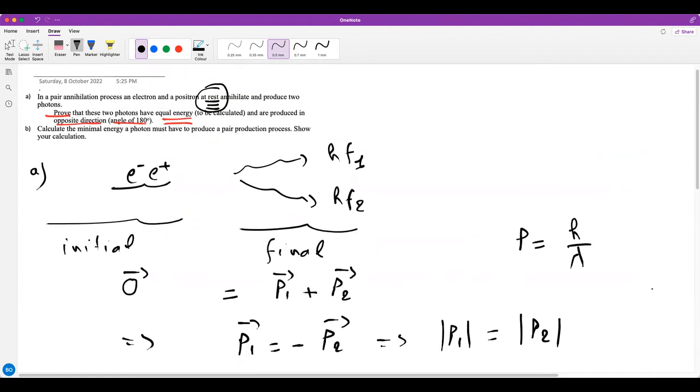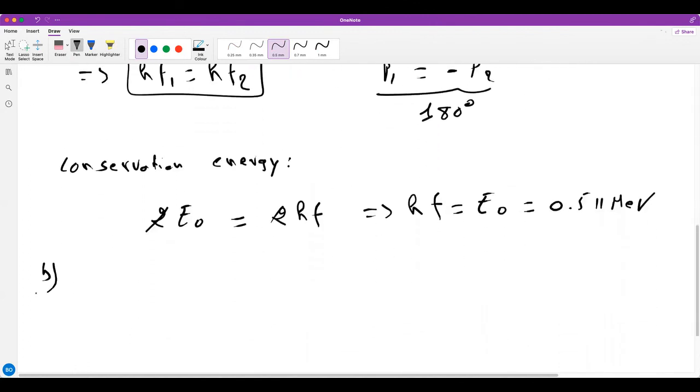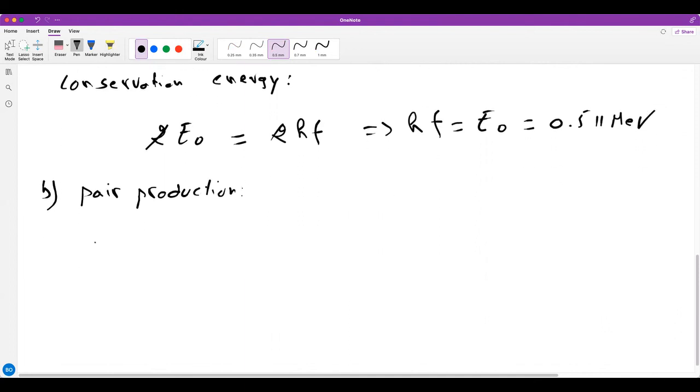The second question, B, is in a pair production process. So the pair production is when you have a photon, HF, that produces now an electron and positron.